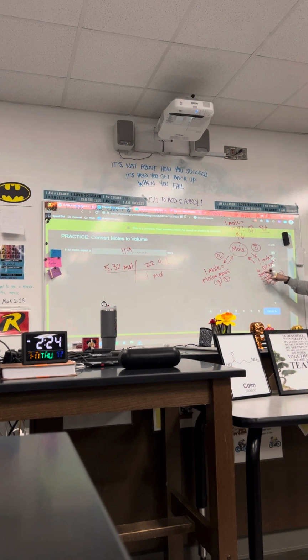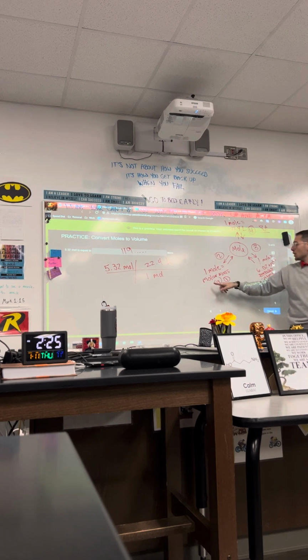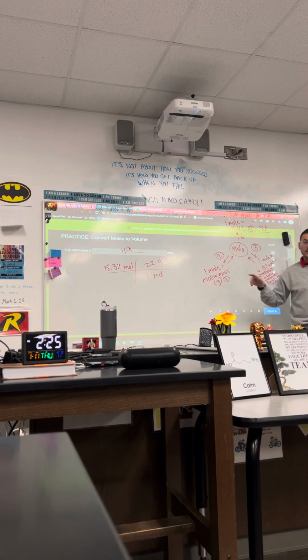Liters and particles are easy because your special number never changes. You either multiply or divide. Molar mass is pretty easy too. You just have to calculate the mass first, and then you can either multiply or divide for all of your one-step problems. And that is all 4 possibilities of questions on the 8A puzzle piece.